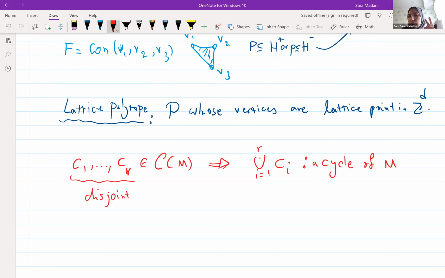We should be careful about the notion of cycle in graphs, which is the normal definition that we all know. But here is a new expression: cycles of matroids, disjoint unions of circuits.